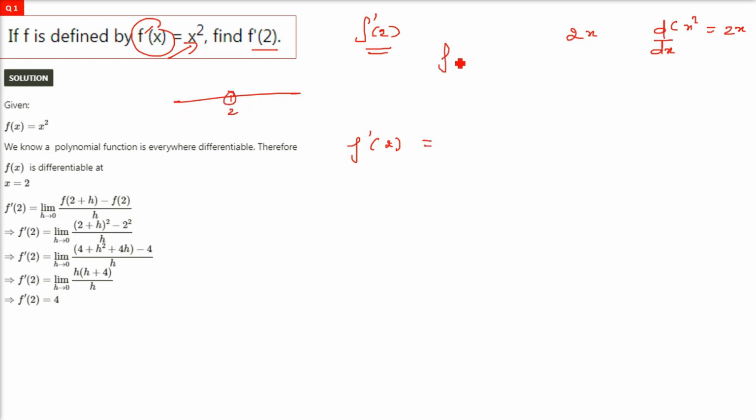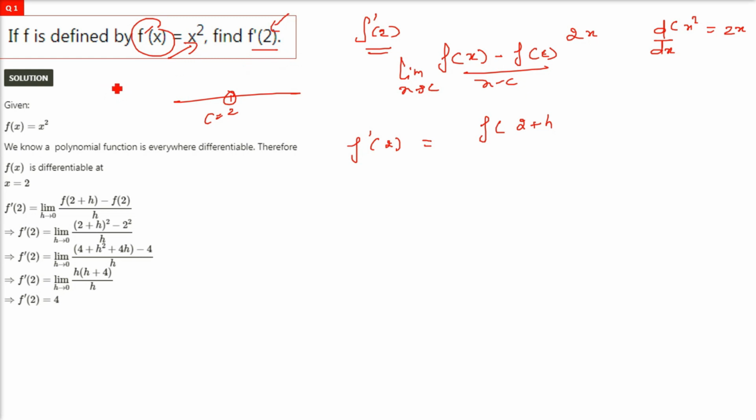When we were discussing how this first principle came, what we used to do, f(x) minus f(c) by x minus c, we used to take the left hand limit, that is the left hand derivative, and then the right hand derivative. We wanted to show that both values come the same. That is how we arrive at the final formula or expression for the first principle.